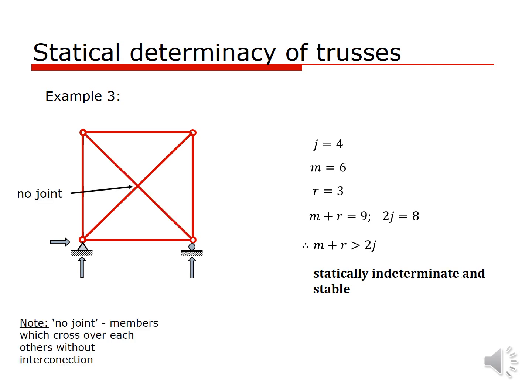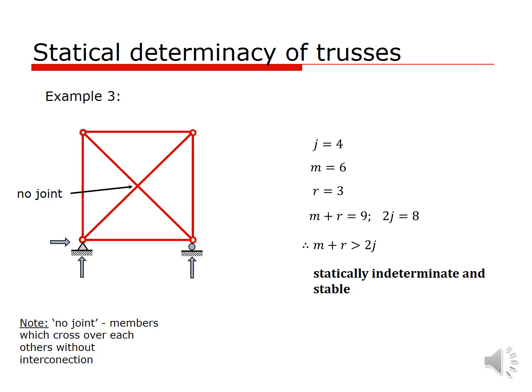Let's look at this third example. I have included another member to the example number 2 structure. Now altogether we have 6 members. So the joints are 4, reaction forces are 3, the only difference is we have 6 members in this structure.